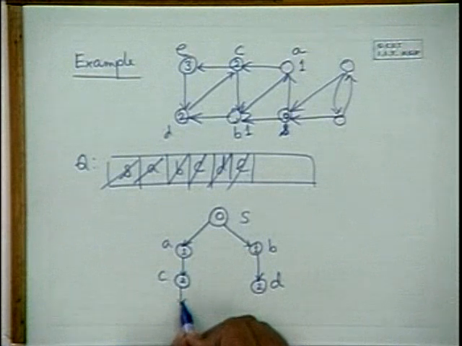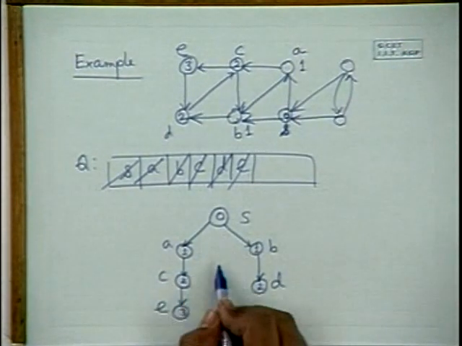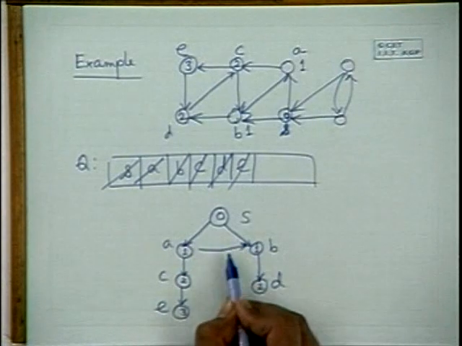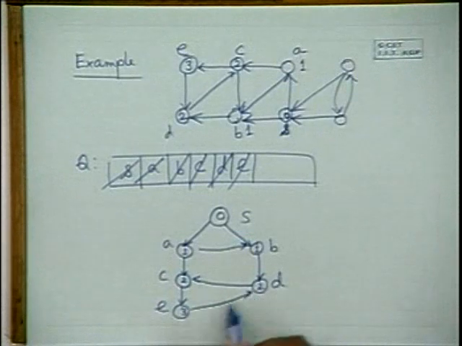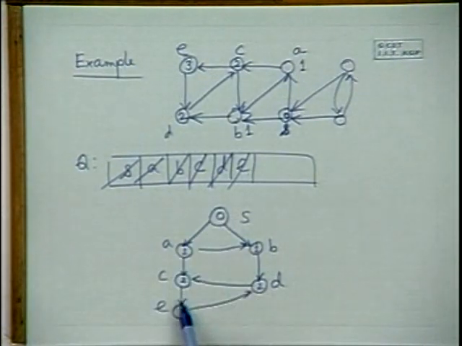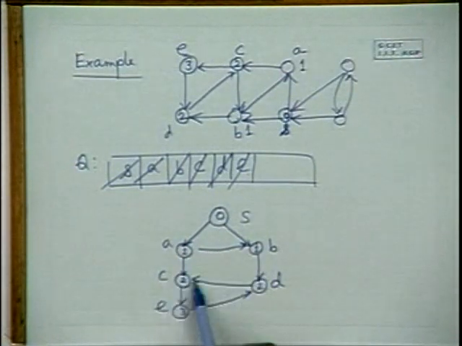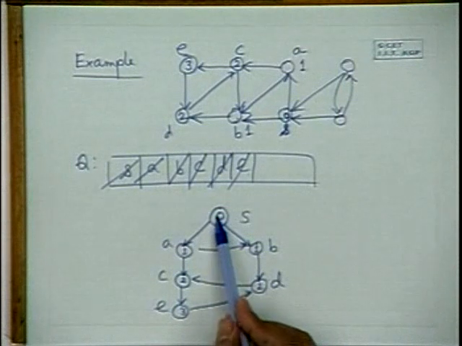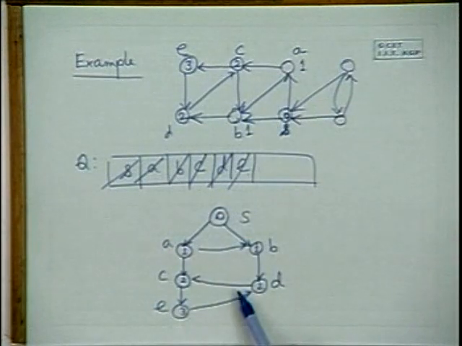From C we visited E, which is 3. And all the other edges are among these. You can verify these are the other edges. So this time the BFS also makes a tree, and these timestamps are basically saying what its level in the tree is, starting from the starting node S. Taking that one as 0, these are the levels.